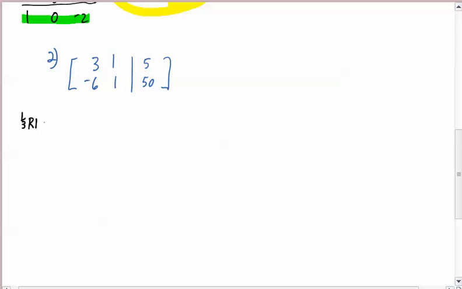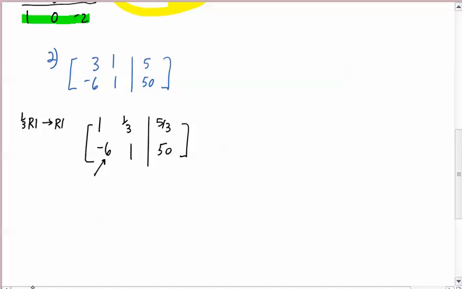In other words, I'm going to multiply by a third and give myself a new row 1. Okay? So I have 1, 1/3, and 5/3. Again, don't be afraid of the fractions. Then I have a negative 6, 1, and a 50. Alright? Let's take a look now. We have a 1 where we want it, and we're going to use the 1 to create a 0 right here.